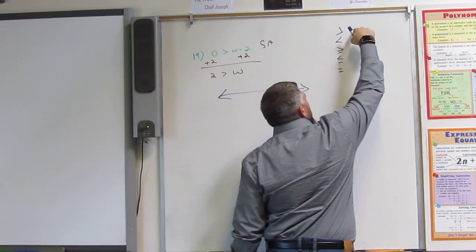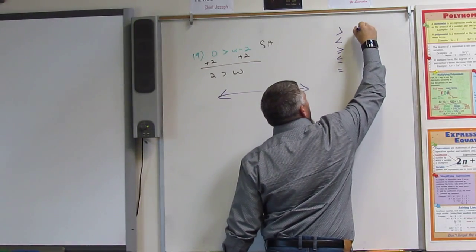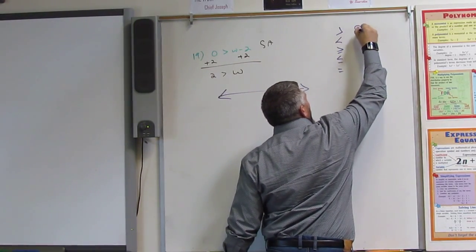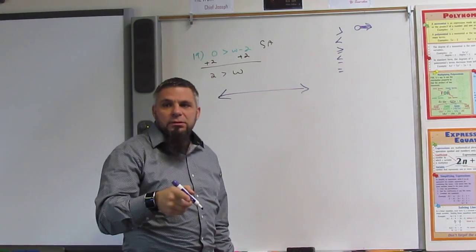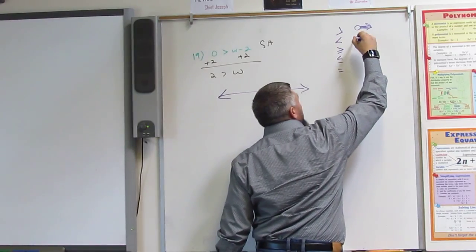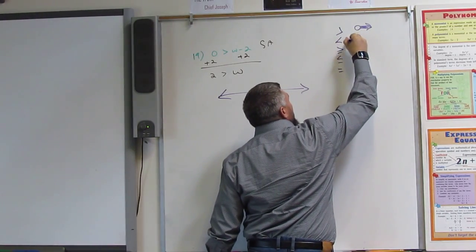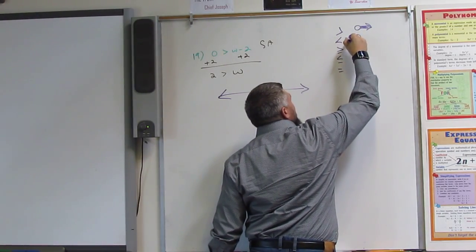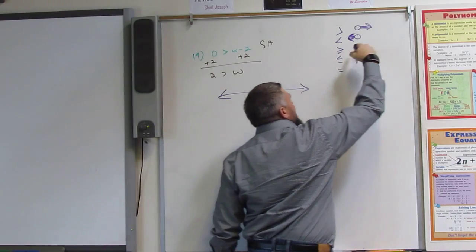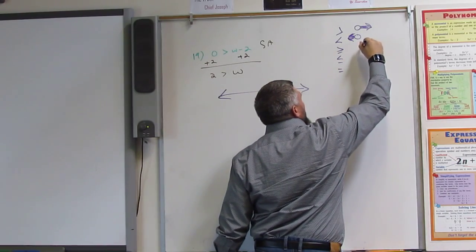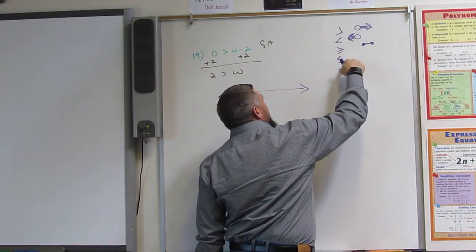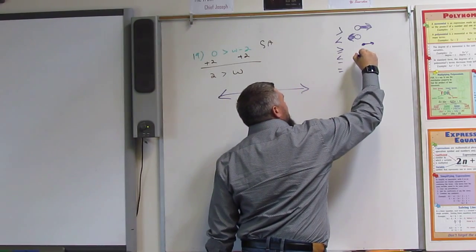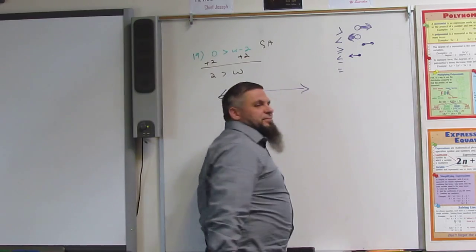Now this is going to look like an open circle and an arrow going to the right. This is going to be an open circle and an arrow going to the left. This will be a closed circle and an arrow going to the right. This will be a closed circle and an arrow going to the left.